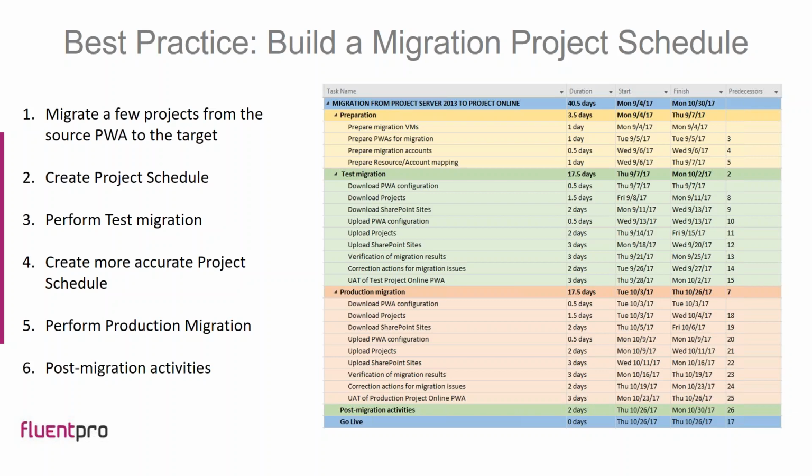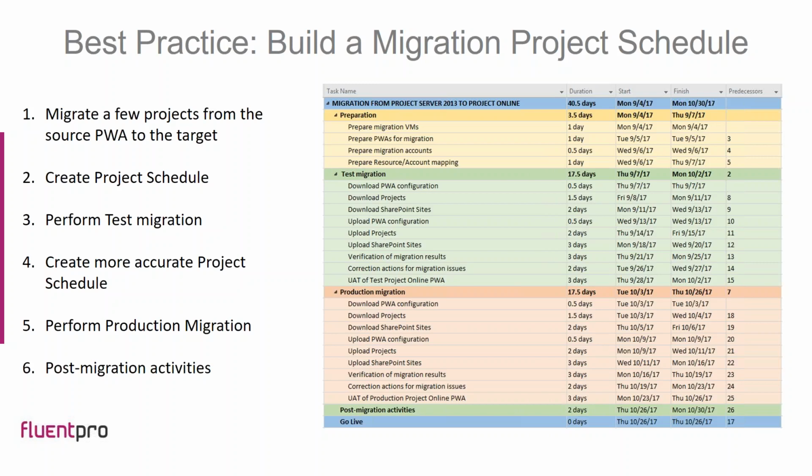The activities included in the test migration itself are downloading the data from the source environment, which is done in 3 parts: PWA configuration, projects, and SharePoint sites, including project sites. The upload process is also divided into 3 parts, and this includes PWA configuration, project plans, and SharePoint sites.